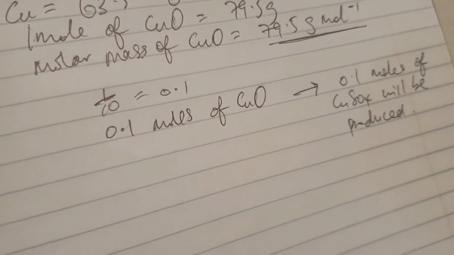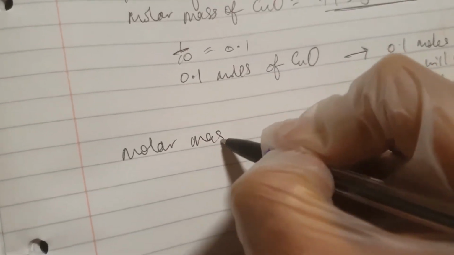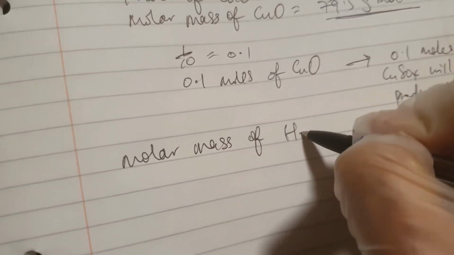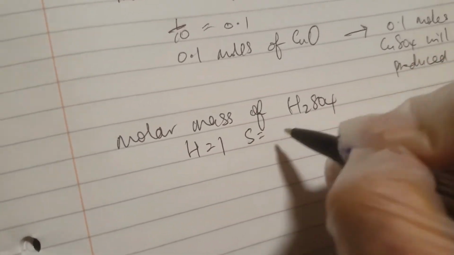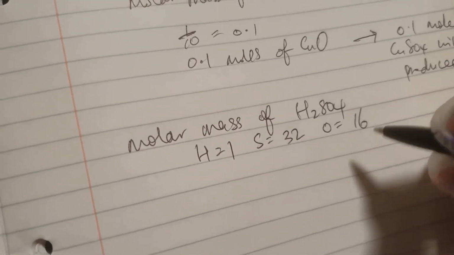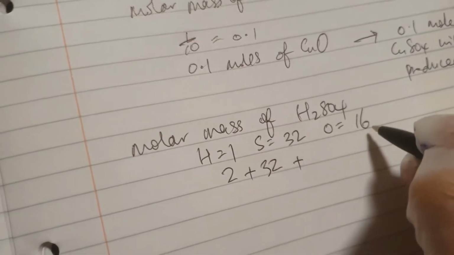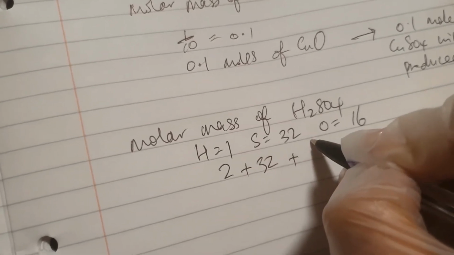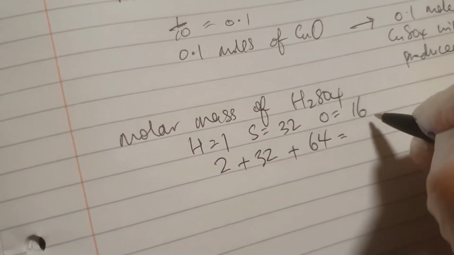Now let's work out the molar mass of H2SO4. We know H is 1, S is 32, O is 16. So we have 2 plus 32 plus 64, and that is 98.